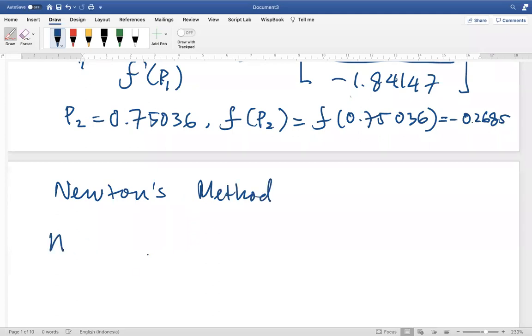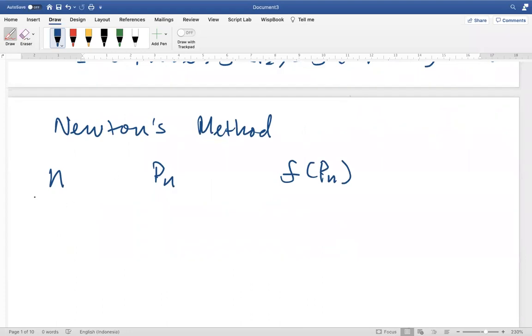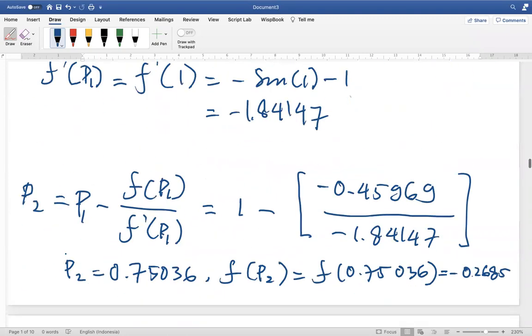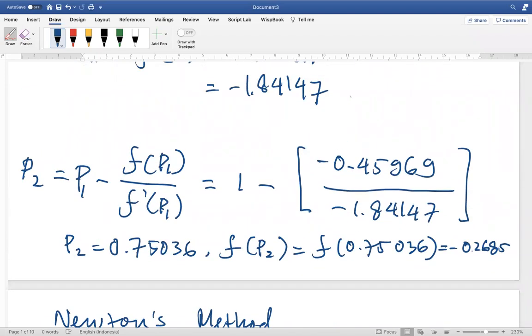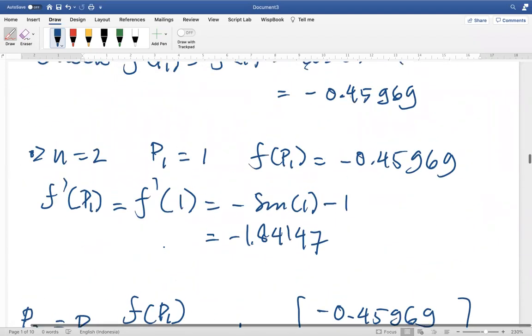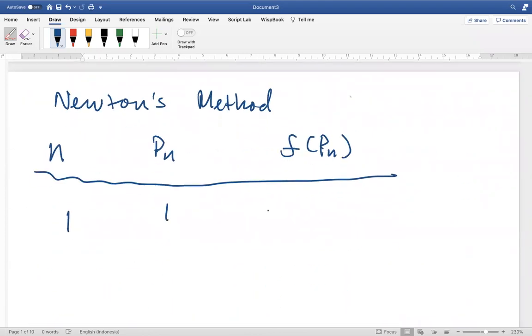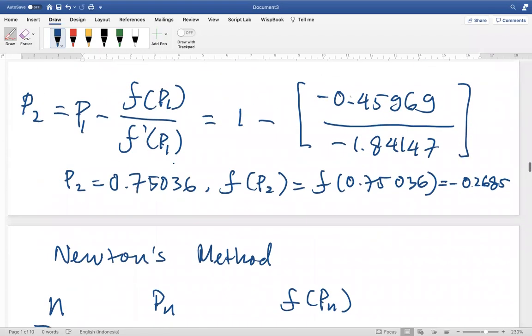We have n, pn, and f(pn). First we have n equal 1. p1 is 1, okay? f(p1) is minus 0.45969. And then iteration 2, we have p2 is 0.750.